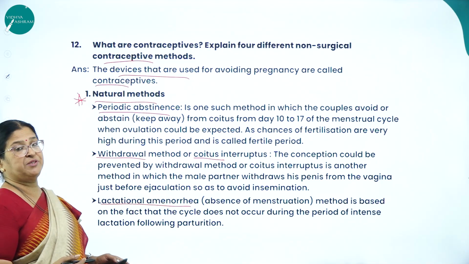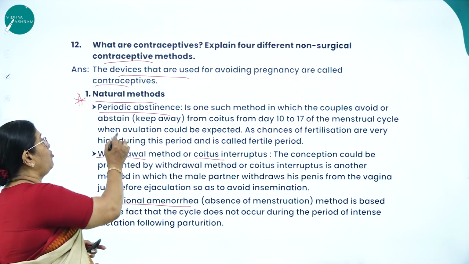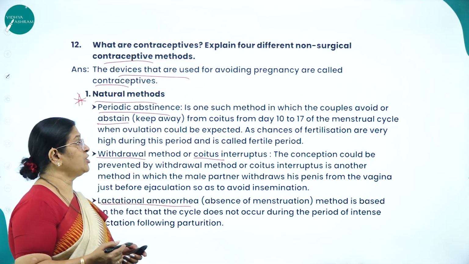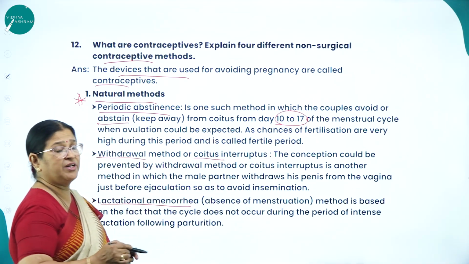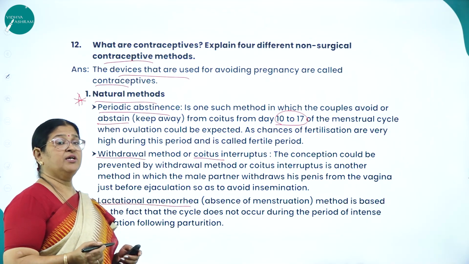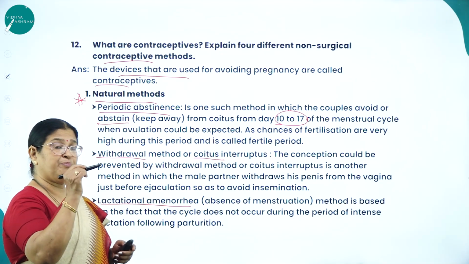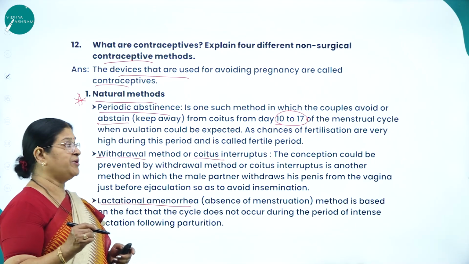So periodic abstinence, the very word itself will tell you, it is one such method where the couples can avoid or abstain, keep away from coitus or from intercourse from day 10 to 17. Why from day 10 to 17? As we all know, 14th day is called as ovulatory phase, which is called as the fertile period. So if you avoid that particular time or period, then unwanted pregnancy can be prevented.